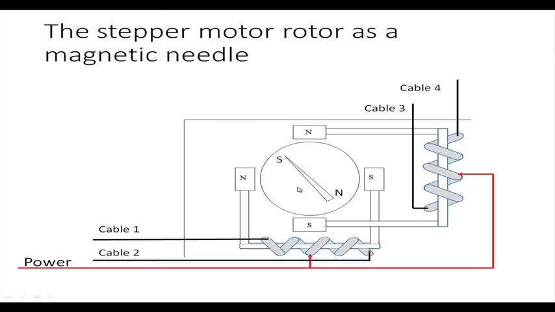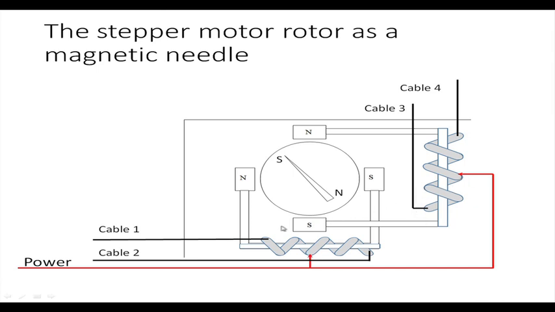What are cable 1, cable 2 and so on doing? They are energizing the ends of this particular coil, and the power connection, the one which actually contains 5 volts and can deliver current, is connected in the middle. So, what does it all amount to?